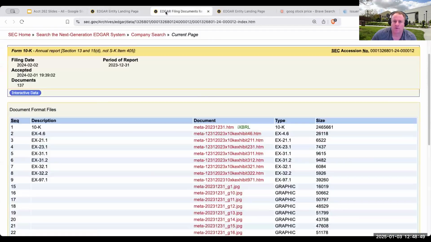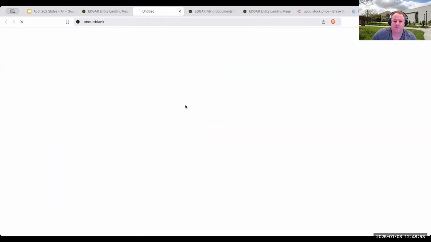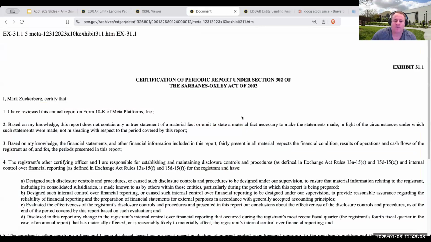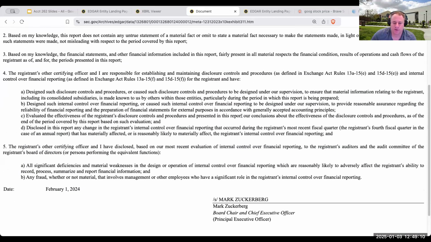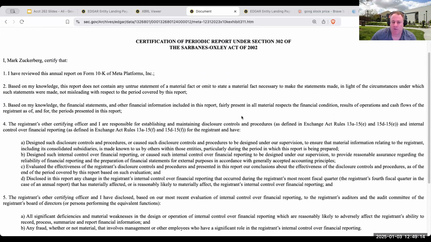If I'm looking at the exhibits to the 10K, on this exhibit 31.1, I'm going to find a certification. This is basically under the Sarbanes-Oxley Act of 2002. You have to basically say that we are responsible for maintaining disclosure controls and procedures.